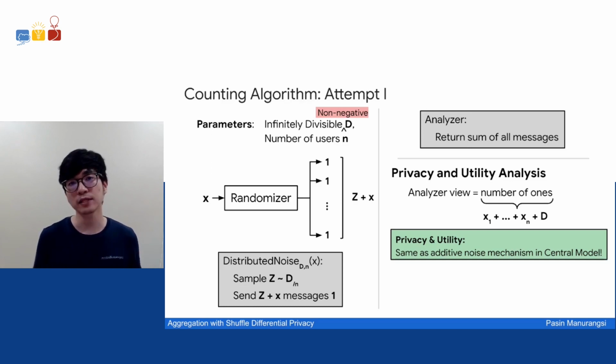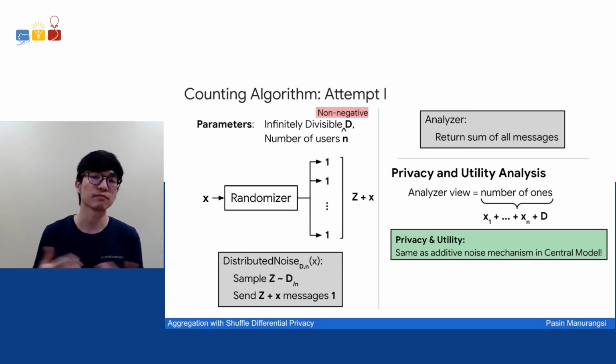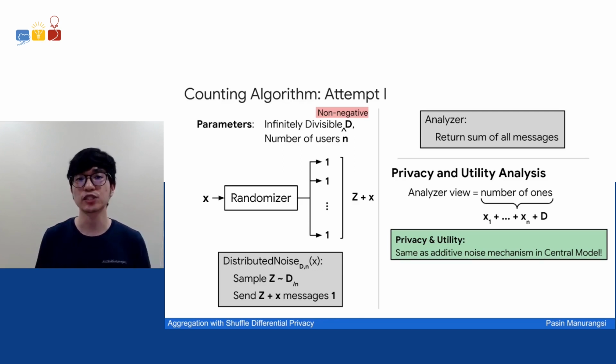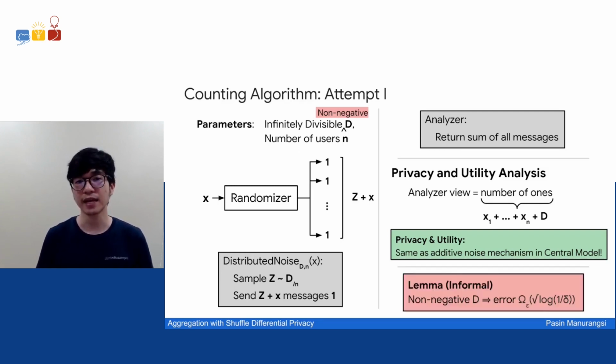And then you would want to send a negative number of messages, which cannot be done. So this protocol is actually only valid if your noise distribution D is non-negative. And the bad news here is that if you restrict to only a family of non-negative noise, then you will still have to suffer an error of log 1 over delta. This can be proved. It's not very hard, but I will not go into detail here.